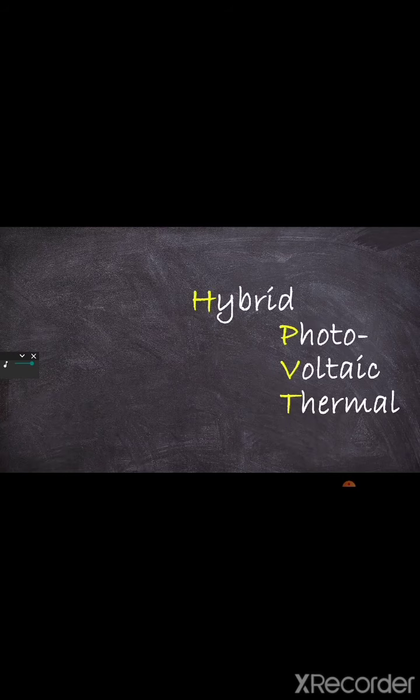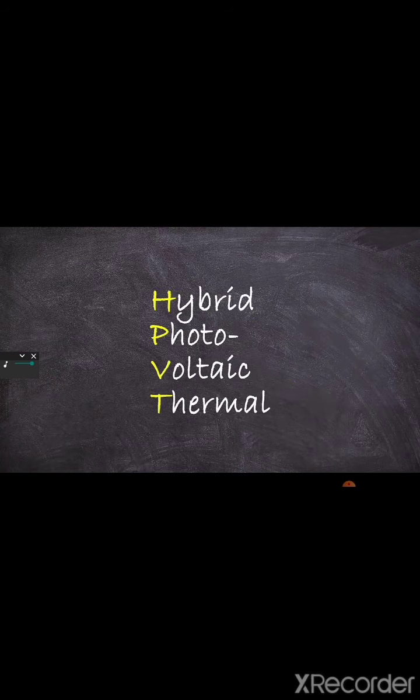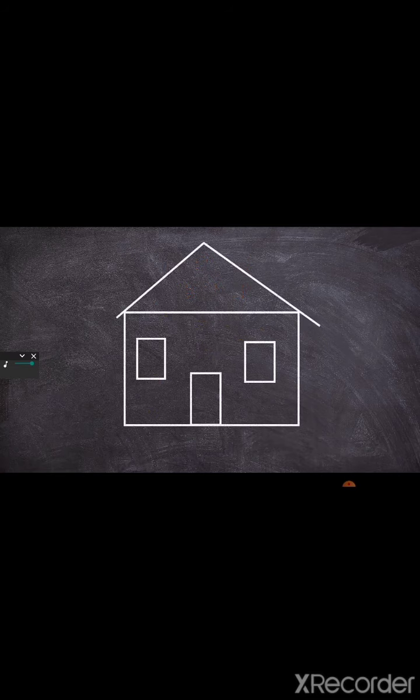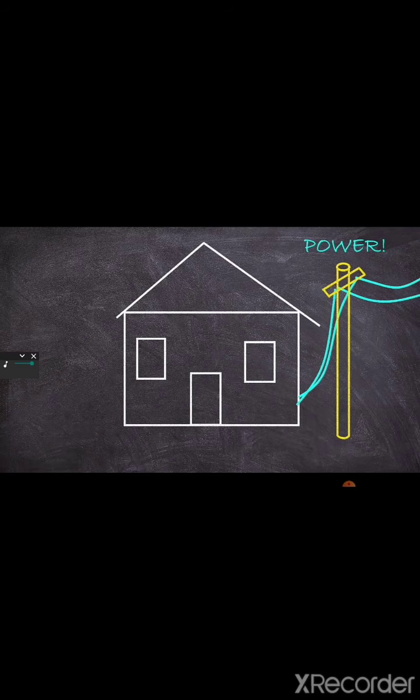But going back to this heating of water idea, this also has applications to create so-called hybrid photovoltaic thermocells, or HPVT. Solar cells for power generation don't actually use all the wavelengths of light that the sun emits. In fact, they don't use any light at all above a certain cutoff wavelength, which is related to what's called the band gap energy. Well, houses need power, sure, but they also need hot water.